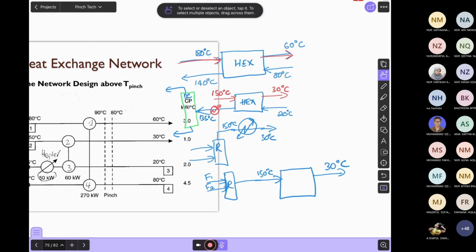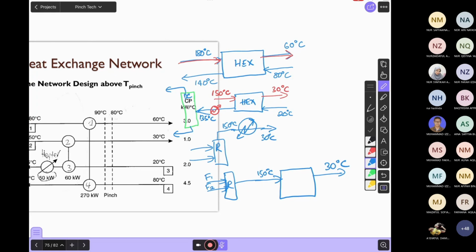Lukis je kat mana-mana. Okay, let's say saya lukis kat sini. Tak ada tempat nak lukis lah. Okay. So this is your DC. The green color ni your distillation column. Dan you punya feed you nak dia pada berapa tadi? Pada 135 degree Celsius.